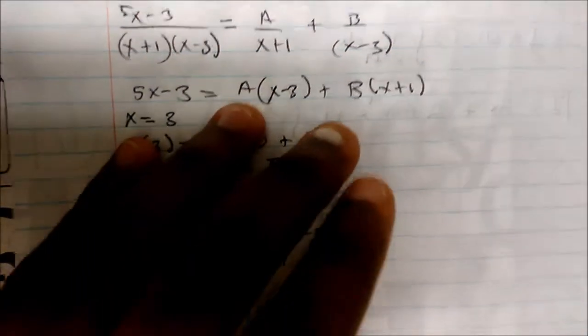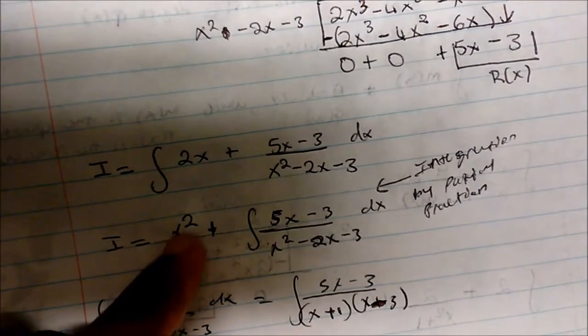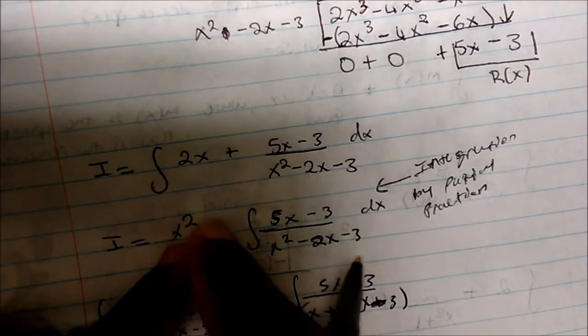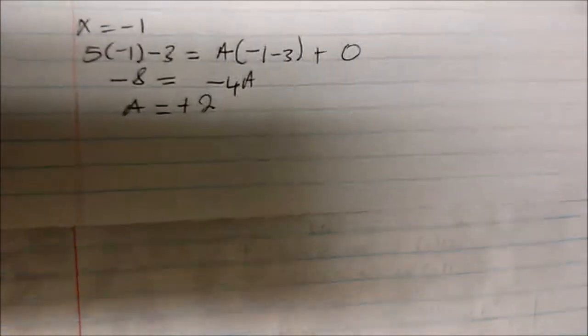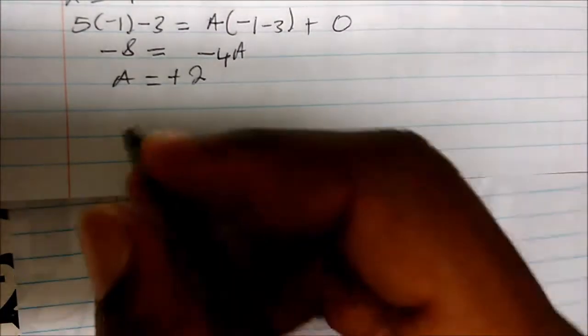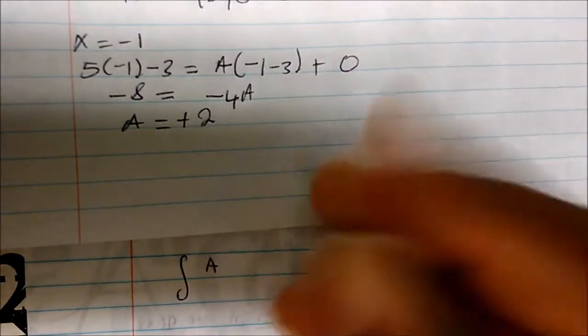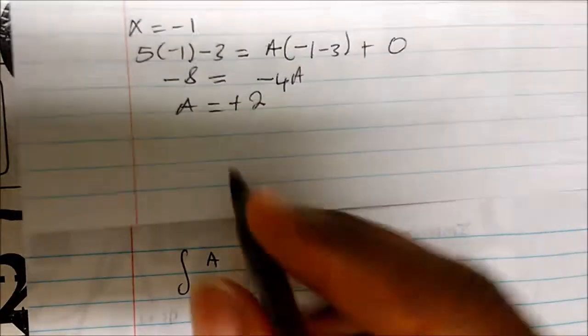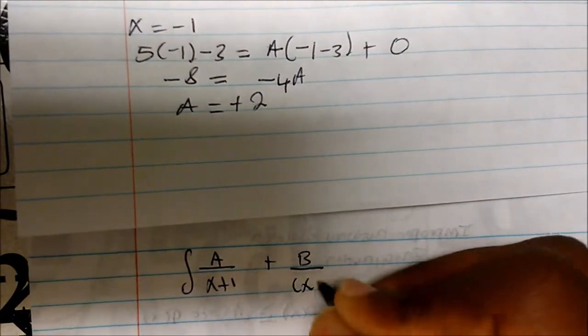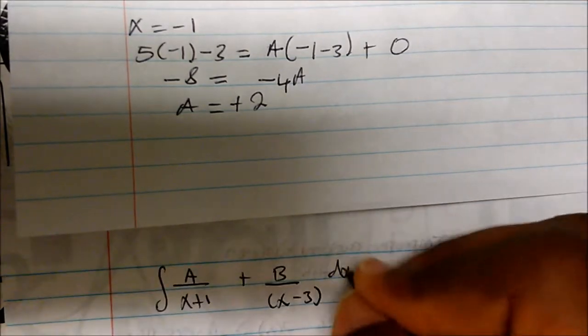And guys, as I'm doing this integration by partial fractions, you should not forget that I have this x squared here. Okay, so I'm going to attach this x squared here at the end. Okay, and so if I look at this now, this now becomes the integral of a over x plus 1 plus b over x minus 3 dx.